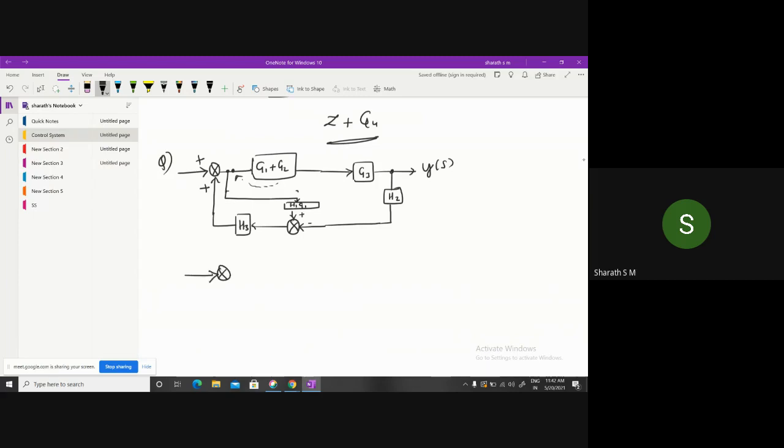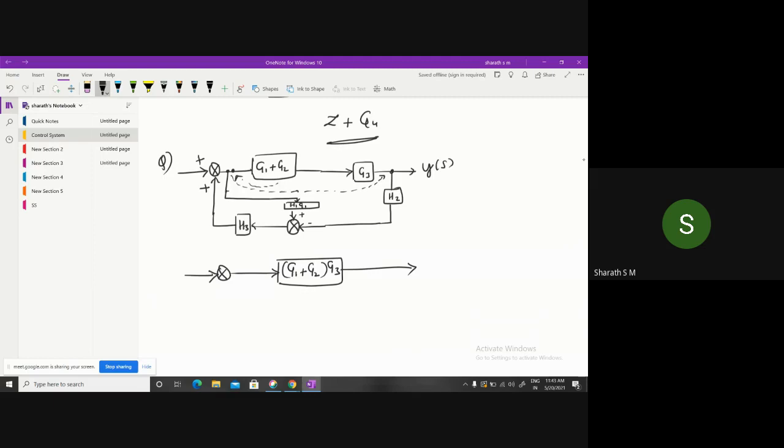So in the next step, here G1 plus G2 into G3. So here, once again, we have a takeoff point, so we need to shift it to the right, so that these two become parallel, H1 G1 as well as G2 H2.